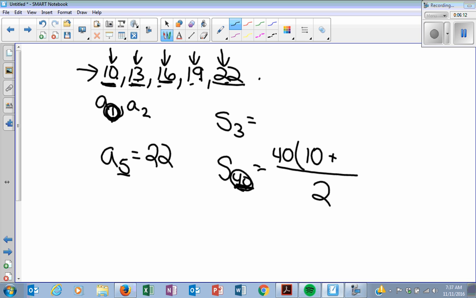Now, is that the last term in this sequence, or in this series? No, because this sequence goes on forever. But they've only asked me to calculate up to the 40th, so that's where the line has been drawn. That's the last term in this series, because they've said, I want you to stop at the 40th term. So I'm only adding up to the 40th one. Does that make sense?